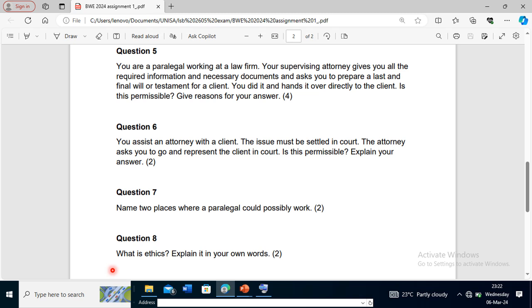And then go to page 1 up to 2. It explains the role of paralegals. So by explaining the role of an attorney and also the role of a paralegal, looking at the scenario, you're going to be able to find the answers or to come up with something.